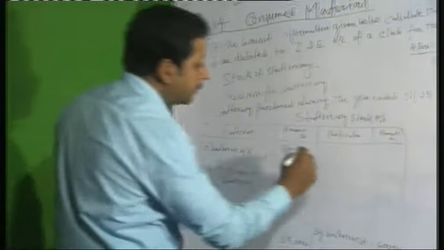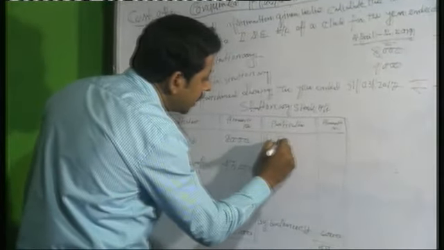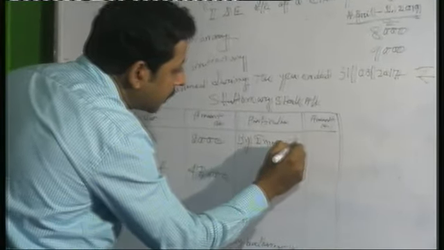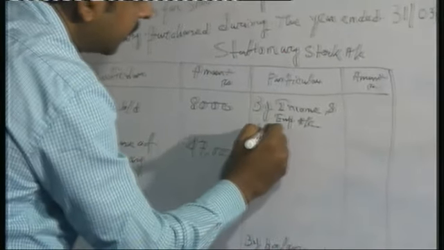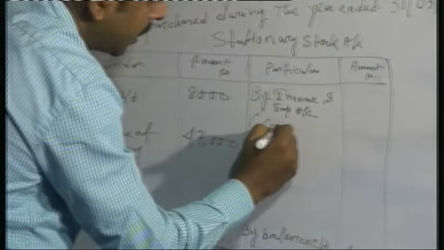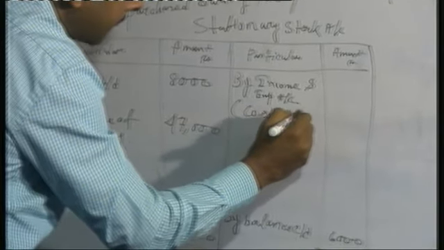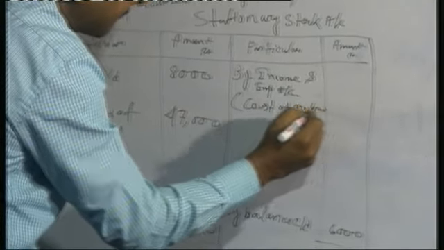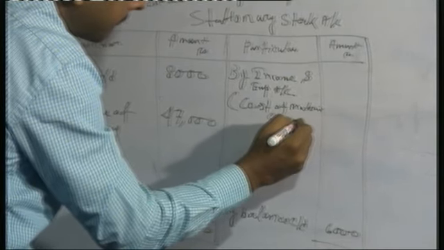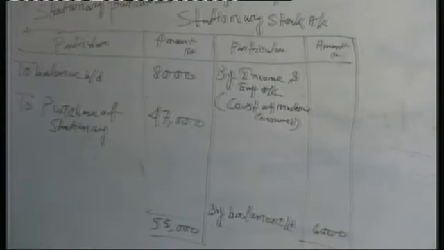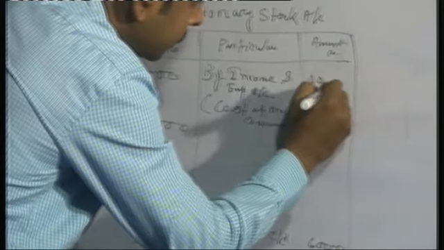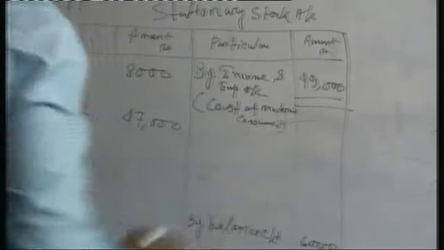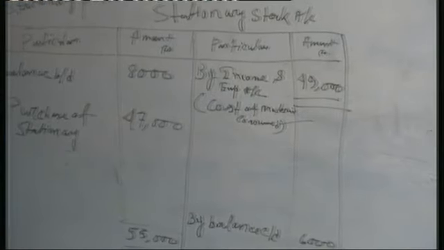So on your credit side, by income and expenditure account, that is cost of material consumed, the amount would be 49,000. This is the value of cost of material consumed, and we will show this on the debit side of the income and expenditure account.